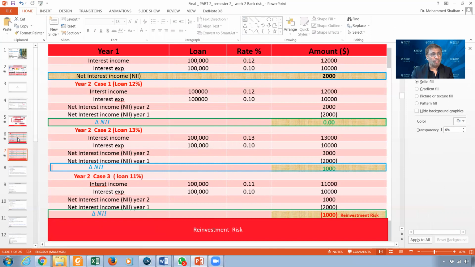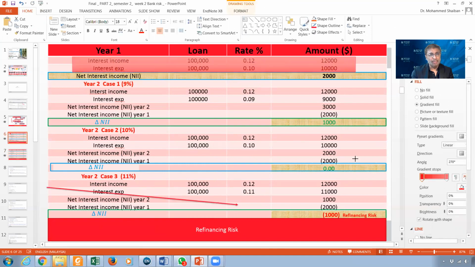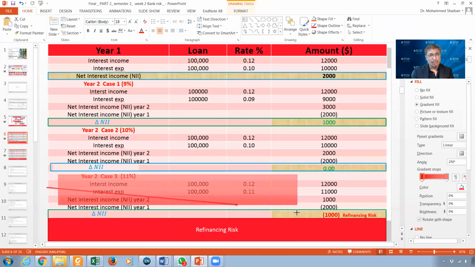So in case 1, for example, as I told you, my risk is actually in this place, in this area, in this box.